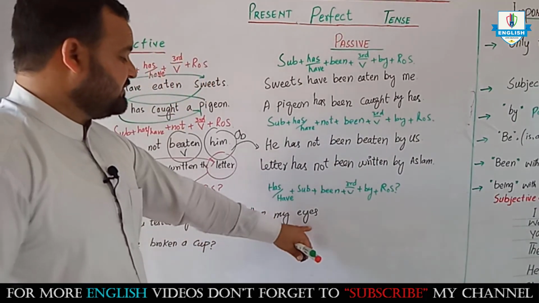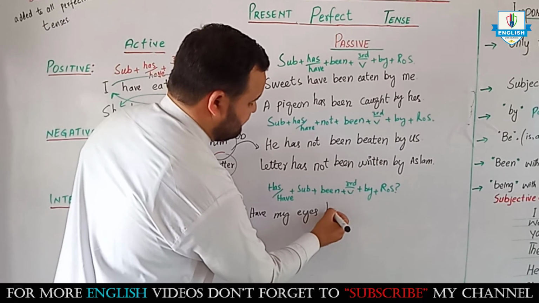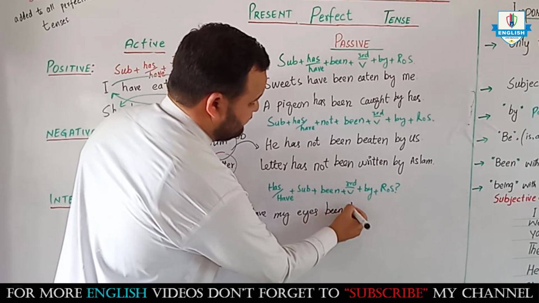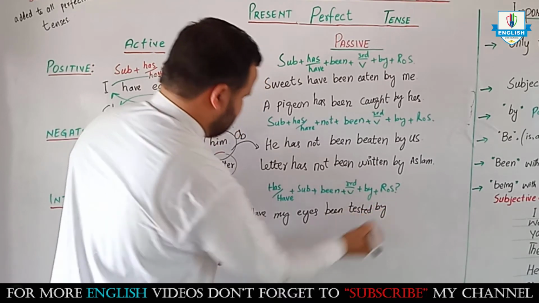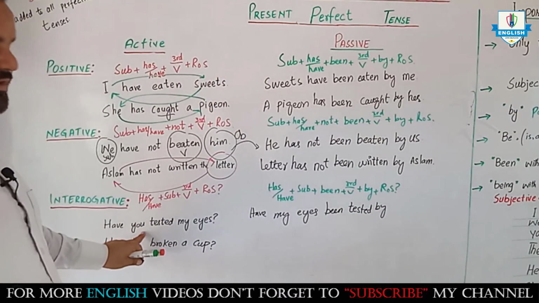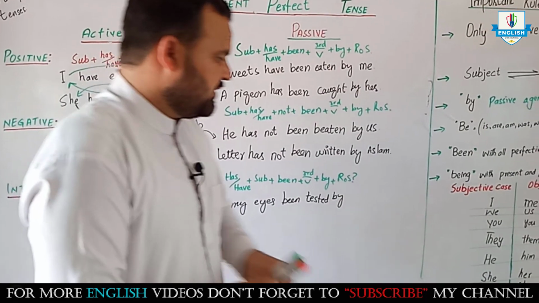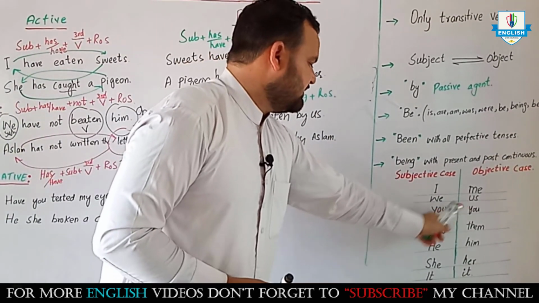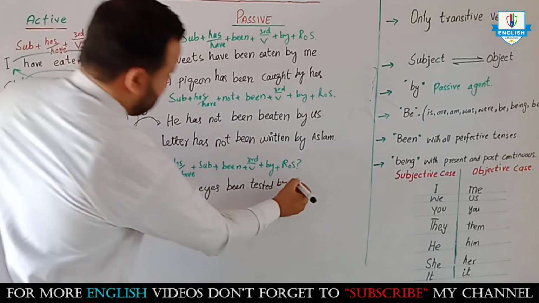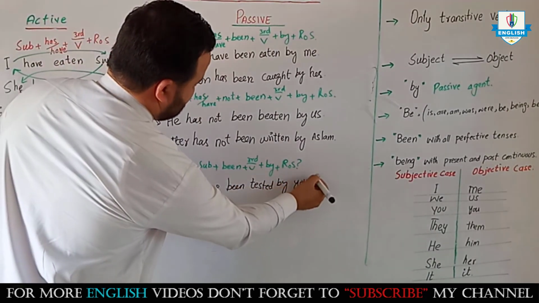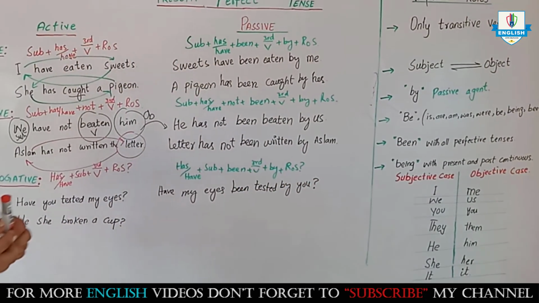Have my eyes been tested by you? There will be no change in you. The objective and subjective case of you is same. Question mark is a must. Got it?